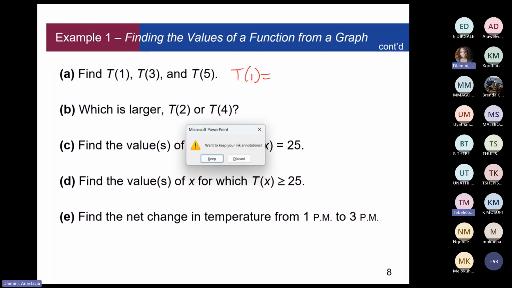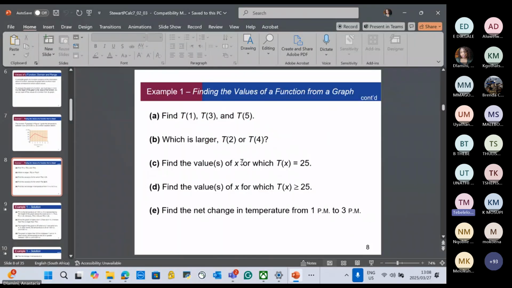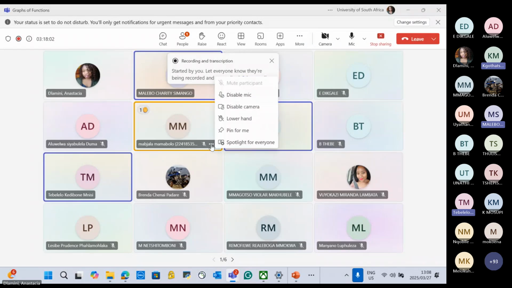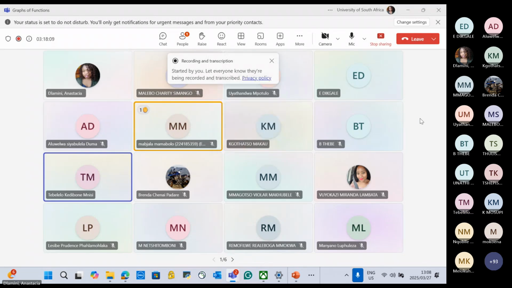Nice. Let me mute her, ma'am. I'll mute her first. I think maybe removing her, because the baby needs her attention.